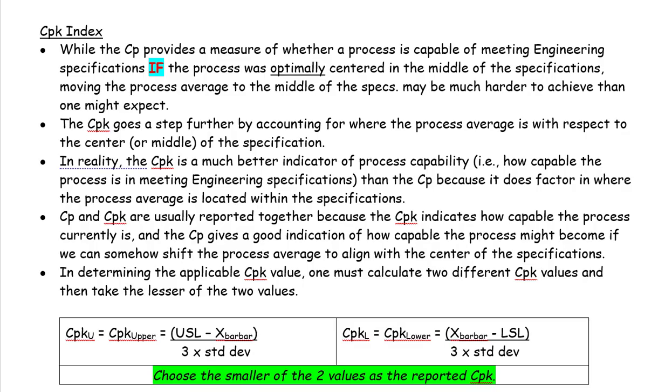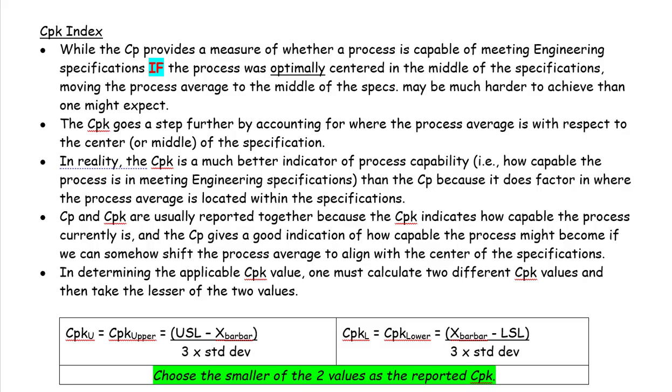CP and CPK are usually reported together because the CPK indicates how capable the process currently is, and the CP gives a good indication of how capable the process might become if we can somehow shift the process average to align with the center of the specification.